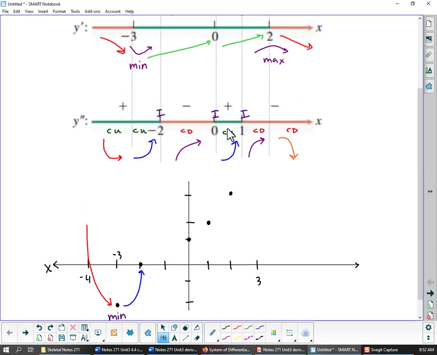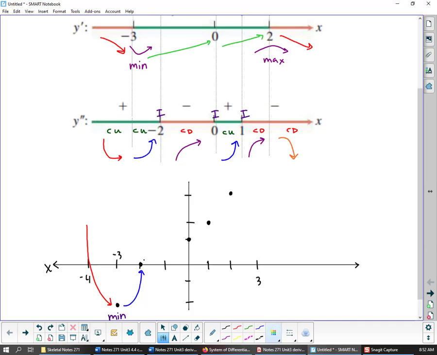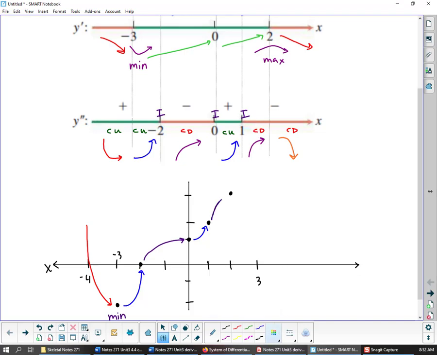You notice after -2 until we get to 0, we are concave down, increasing. So sketch like that, concave down, increasing. Between 0 and 1, we are concave up, increasing. Between 1 and 2, we are concave down, increasing.